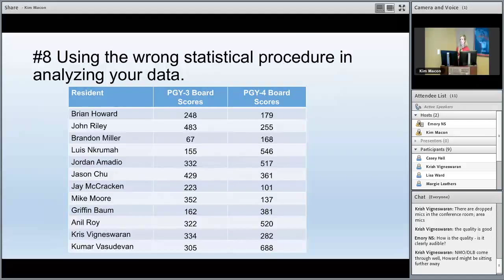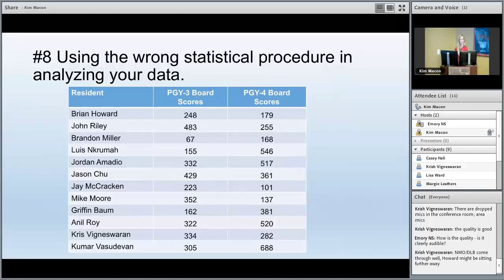So let's just illustrate an example of what happens when you use the wrong statistical procedure. In fairness, I randomly generated numbers from hypothetical PGY3 and PGY4 board scores. I only manipulated one person's score for the illustration of my example. So in this type of scenario, this is paired data, right?